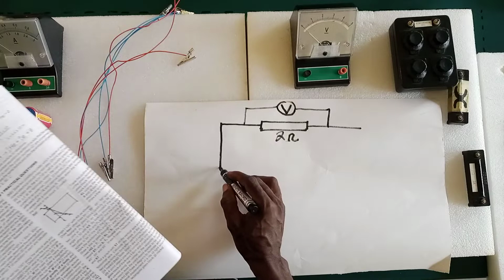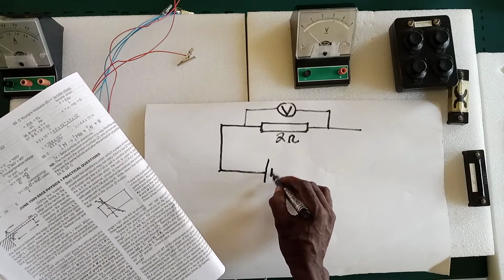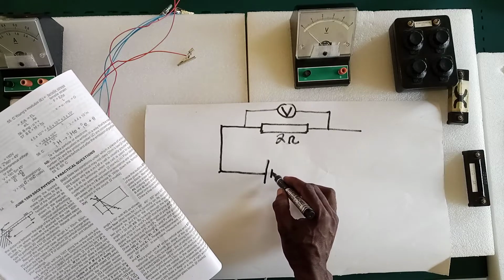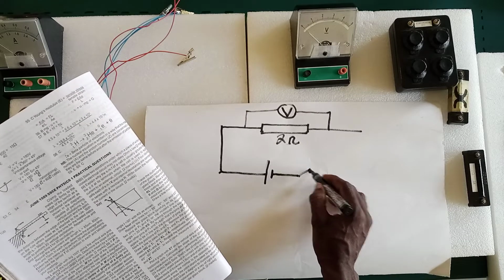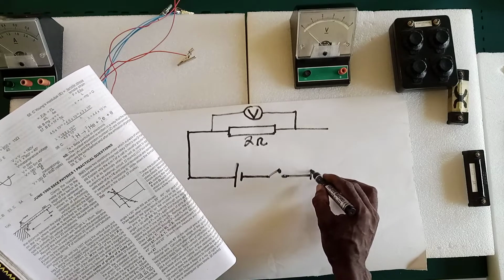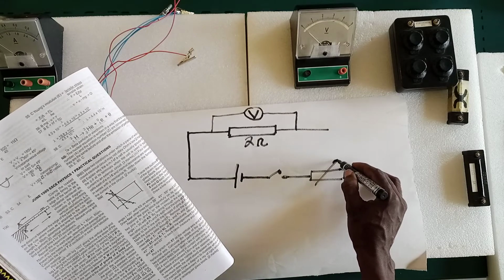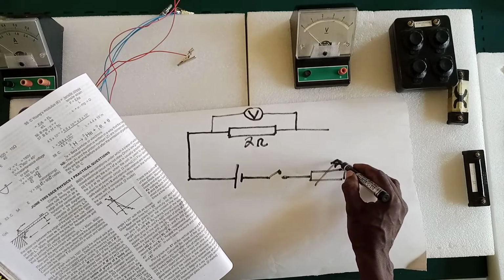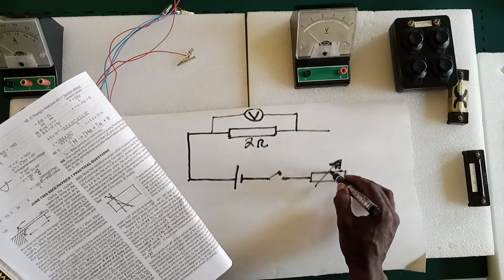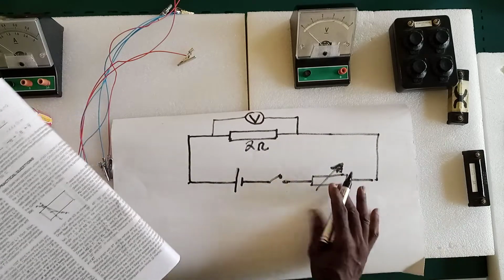And then coming down here, you have your cell, you have your key, and then you have your resistance box. This is the symbol for the variable resistor, an arrow across something like this, and this is the circuit diagram.